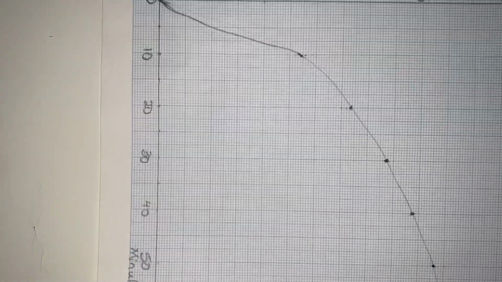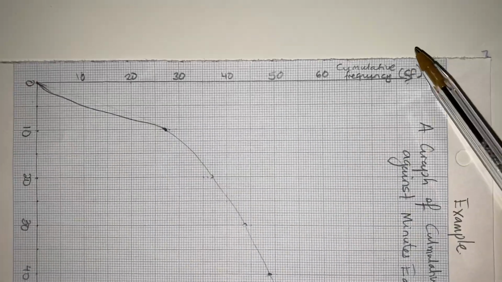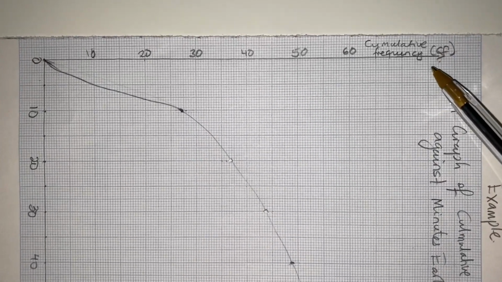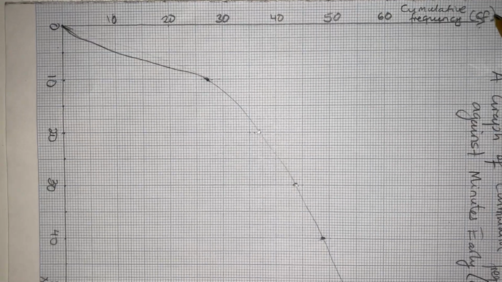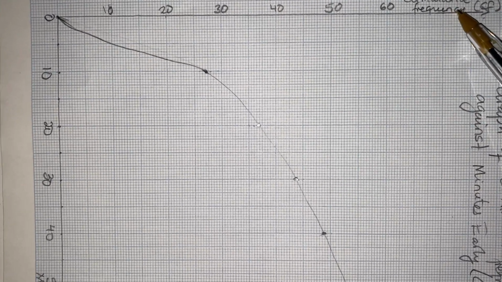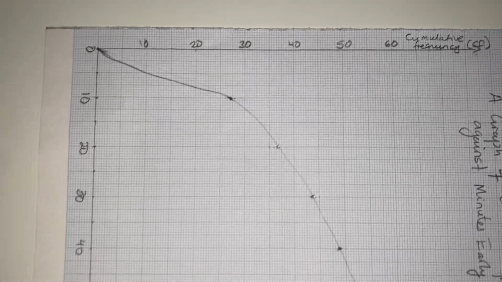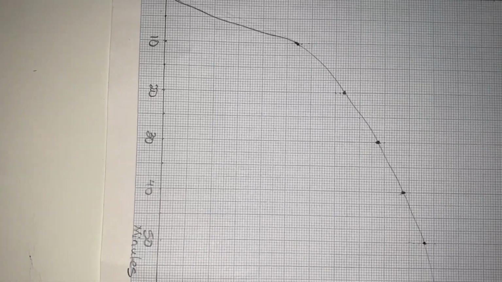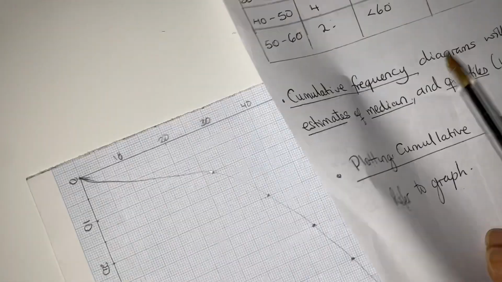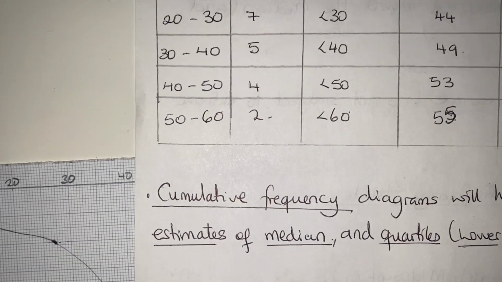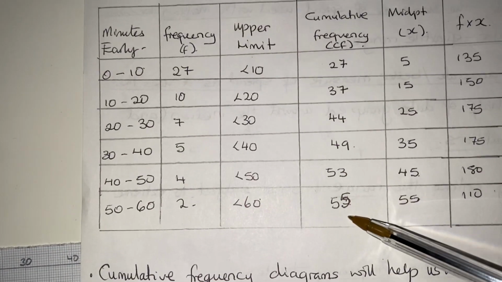And then on the y-axis, cumulative, so you accumulate the frequency. If I look at my table here, my cumulative frequency is up to 55.